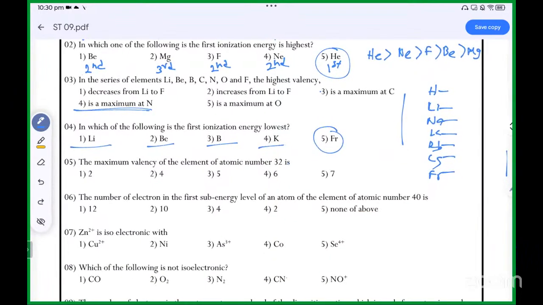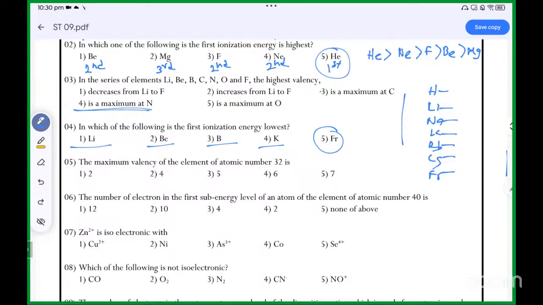The next one: the maximum valency of the element of atomic number 32 is... You have to write down the electronic configuration for this one and check what the valency is. Valency, most of the time, is the number of valence electrons in the outermost shell, but it depends on the group as well, right?